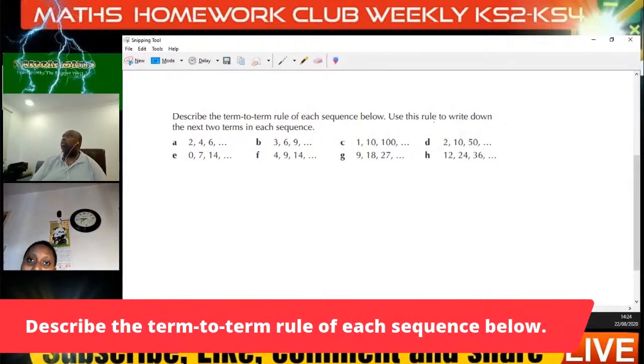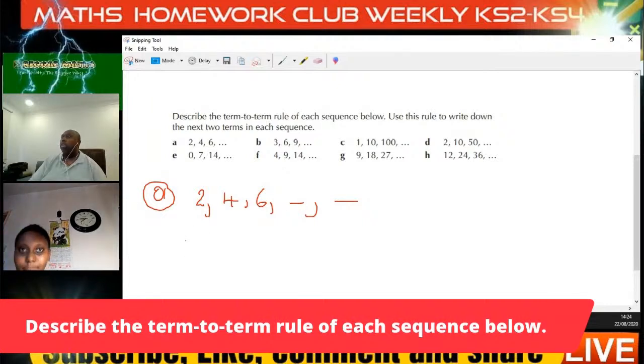Use this rule to write down the next 2 terms in each sequence. Right, so I'll do question 1 A with you, and then I'm going to give you a couple of minutes to do the first 3. So 2, 4, 6, and you need to write down the next 2 terms, okay?